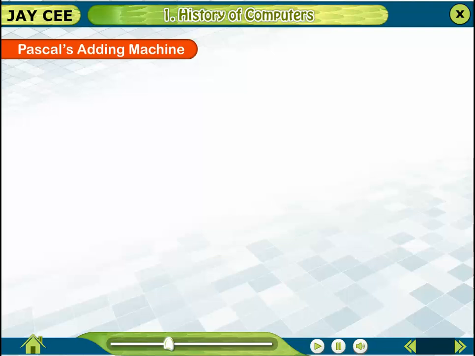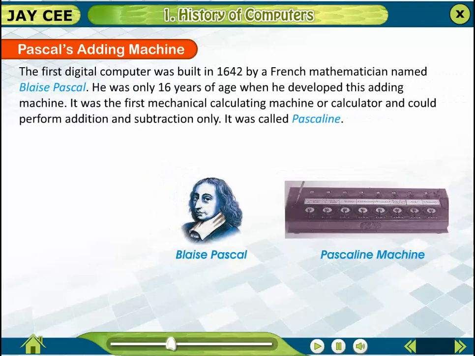Pascal's adding machine. The first digital computer was built in 1642 by a French mathematician named Blaise Pascal. He was only 16 years of age when he developed this adding machine. It was the first mechanical calculating machine or calculator and could perform addition and subtraction only.